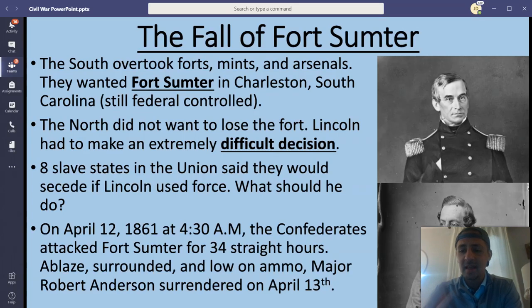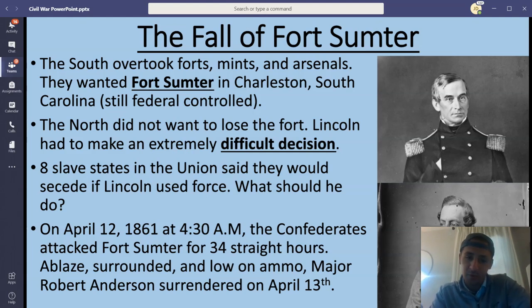Confederate flags. And then lastly, this is where we left off, the fall of Fort Sumter and how this is really what signaled the official beginning of the Civil War, when the South, the Confederacy, attempted to take over this federal fort.